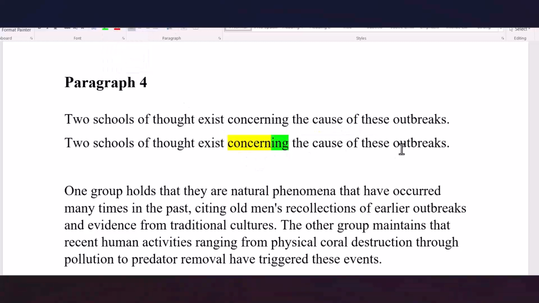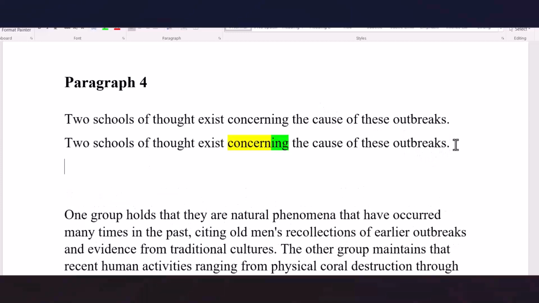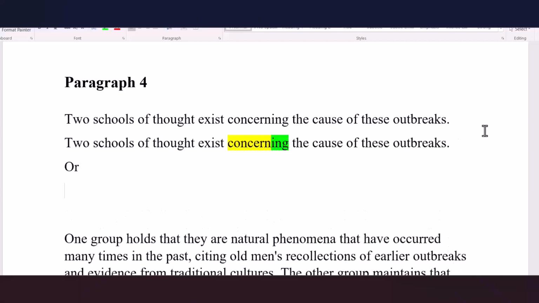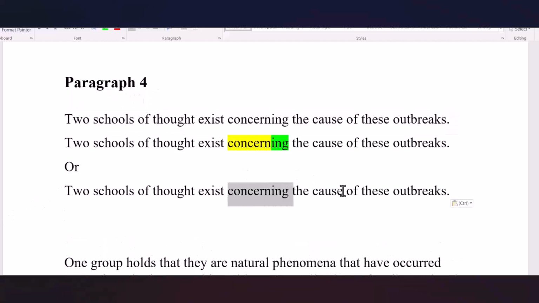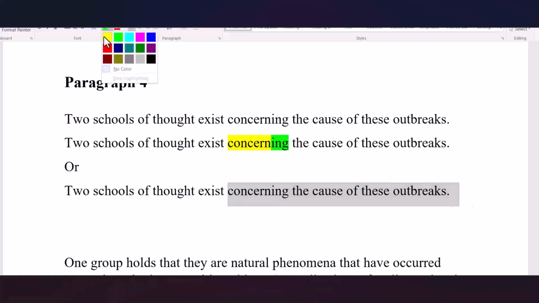Concerning the cause of these outbreaks. Or this clause can be regarded as a prepositional phrase.